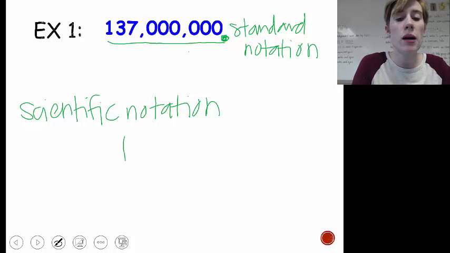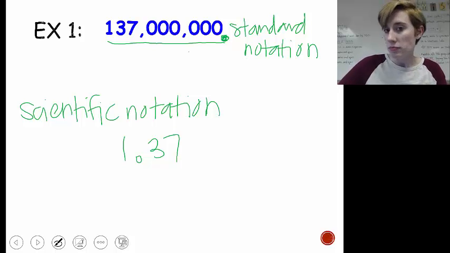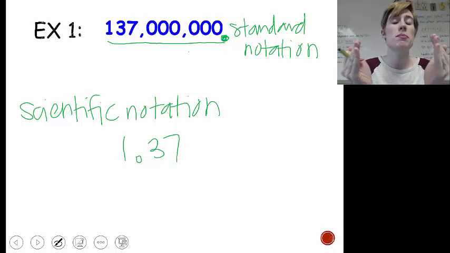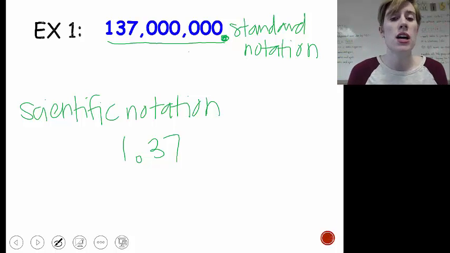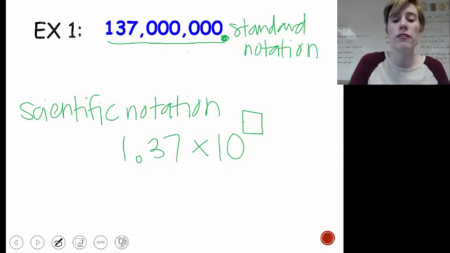So if we write our number like this, 1.37, well, that's a completely different number than 137 million. So we need this 1.37 to be the same value as 137 million. So what we're going to do is we're going to multiply that number times 10, and we're going to put a little exponent value here.